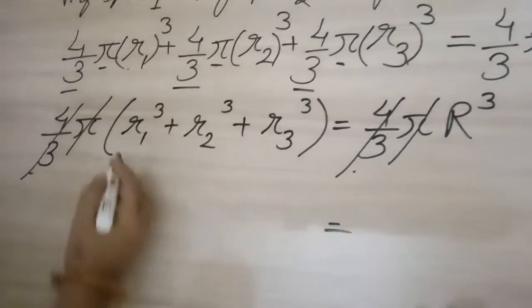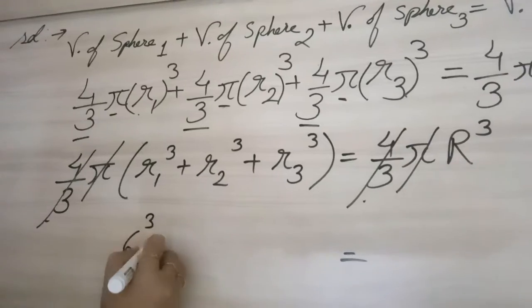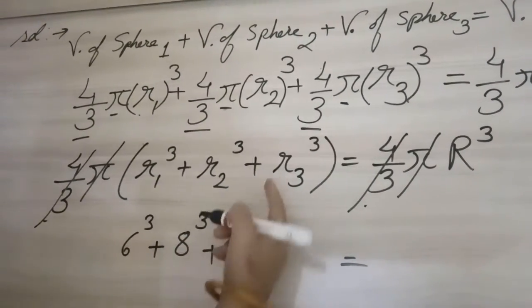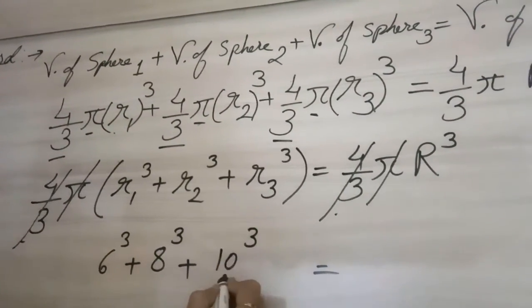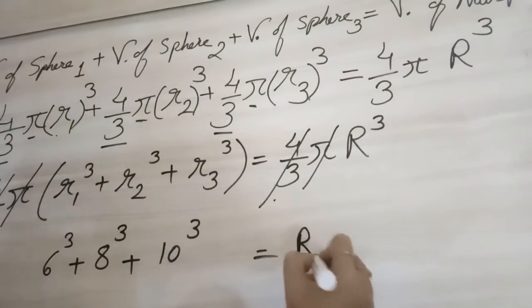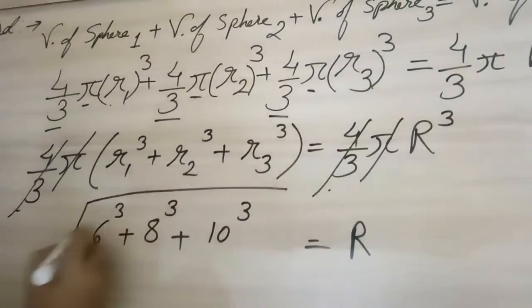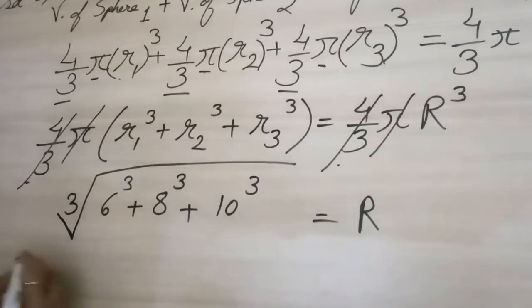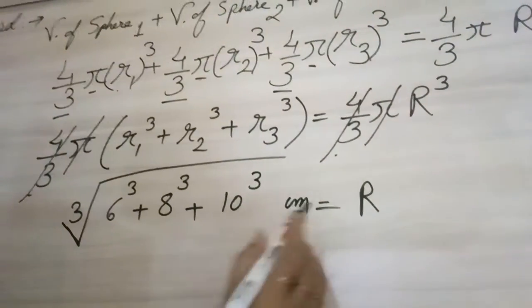Okay, now we will put the value. So r1 cube means it is 6 cube plus r2 cube it is 8 cube plus r3 is 10 cube, and here we want to find the R cube. So R cube, if we remove the cube sign, automatically here it will come cube root, and your answer should come only in centimeter because everywhere unit is same.